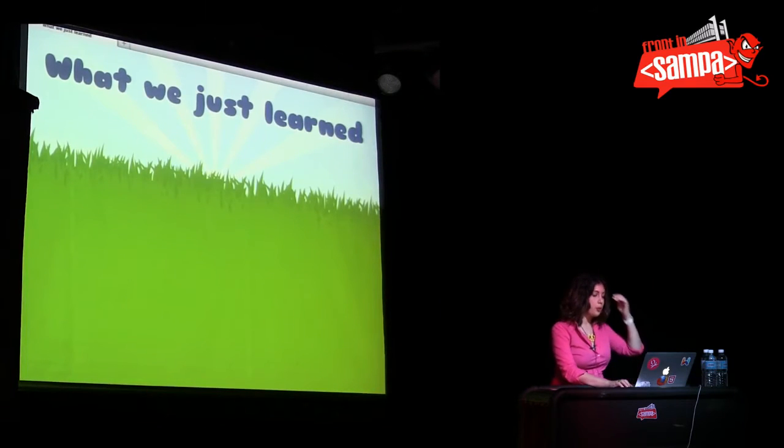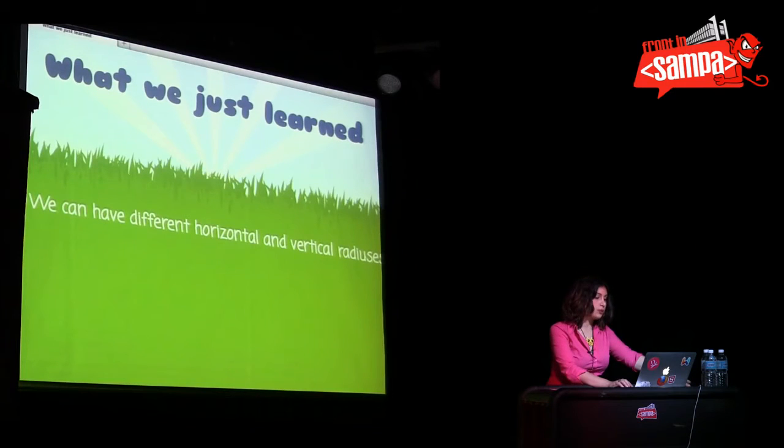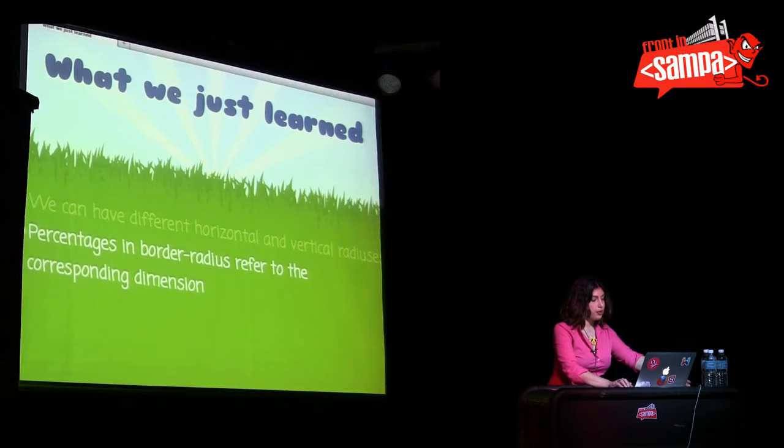So a recap of what we just learned in this section. We can have different horizontal and vertical radiuses, in which case our corner curves become elliptical and not circular. They're parts of ellipses, not parts of a circle. Percentages in border radius refer to the corresponding dimension, which means horizontally, they are percentages of the width.